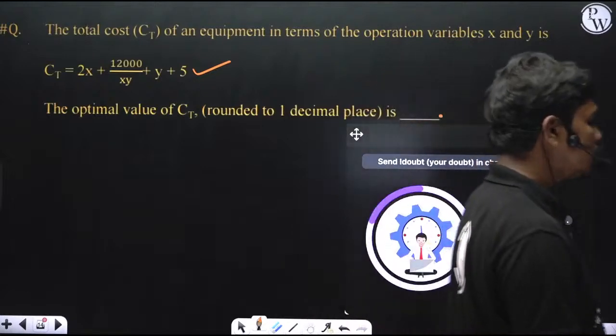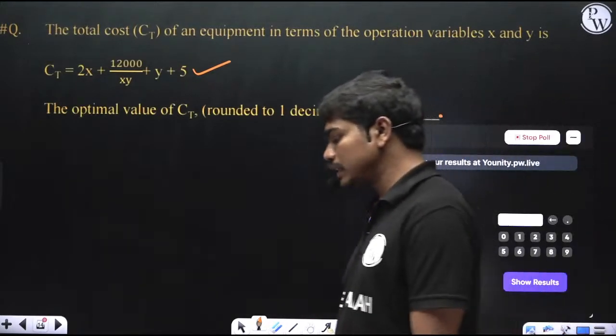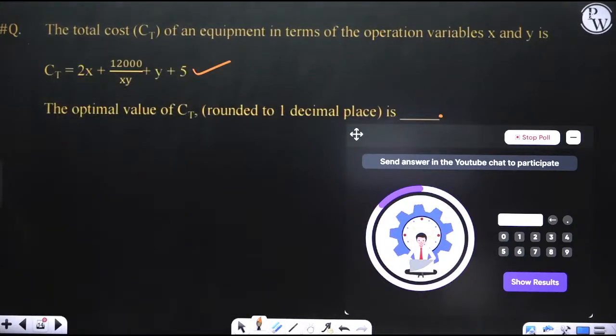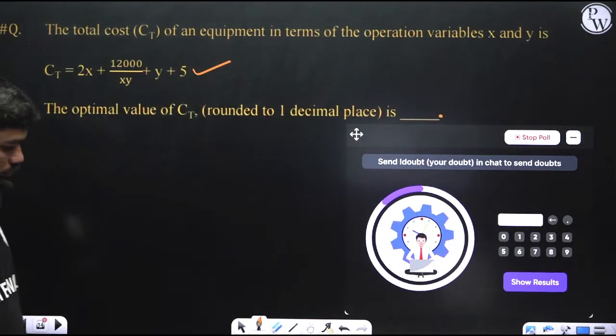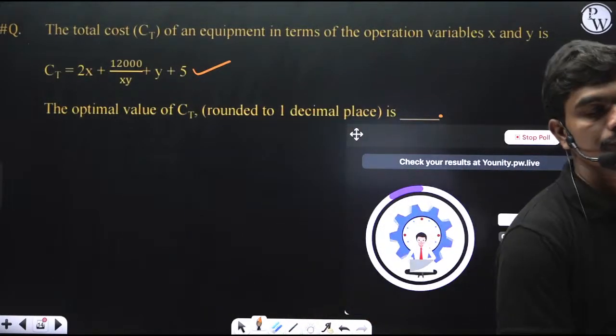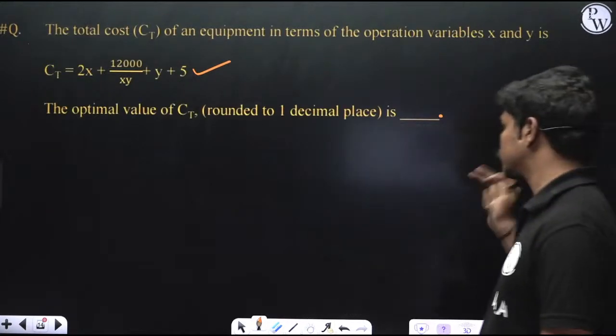Okay guys, done? Anything apart from 0 comma 1? Any other values? Meanwhile you enter the answer if you can solve this.